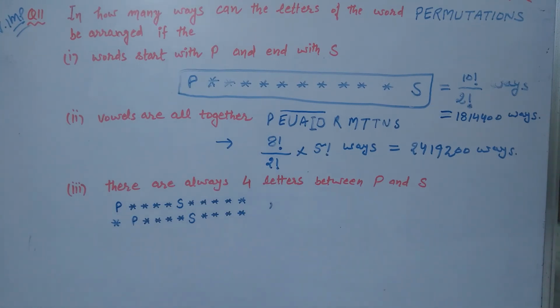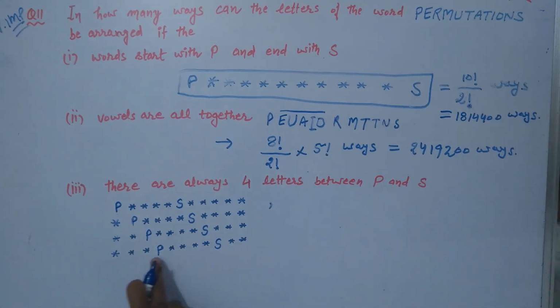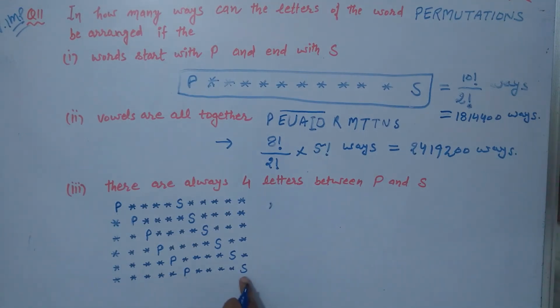Next, if P occupies third place, then there are 4 letters between P and S, and S will come here. Now P occupies fourth place, S occupies this place. Next row, P occupies fifth place. Last row, P occupies this place and S occupies the last place.